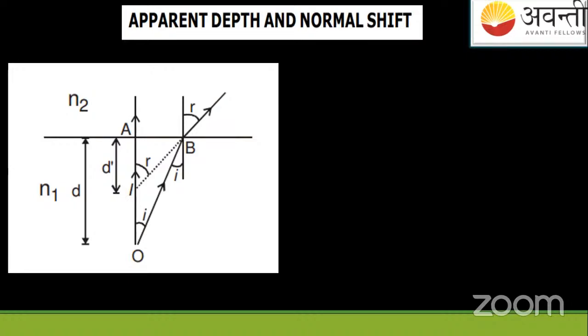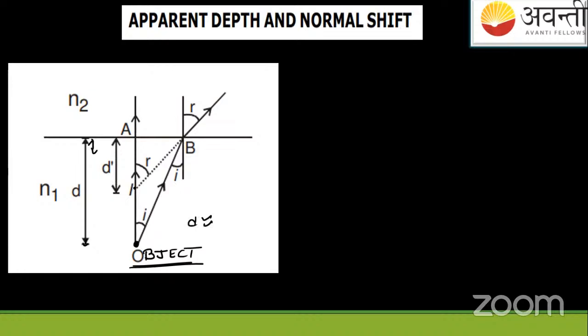Let us see now. See this. Suppose the object is here. And this object is actually at how much depth? The depth is d. This is the depth d of the object.